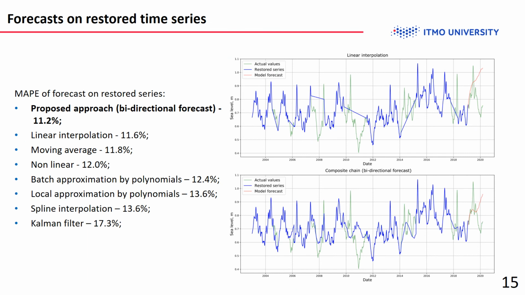We also perform another validation. We use original time series and restored ones for forecasting, and the experiment shows that when we use the time series restored by bidirectional forecast, the error of the forecasting model was the lowest.